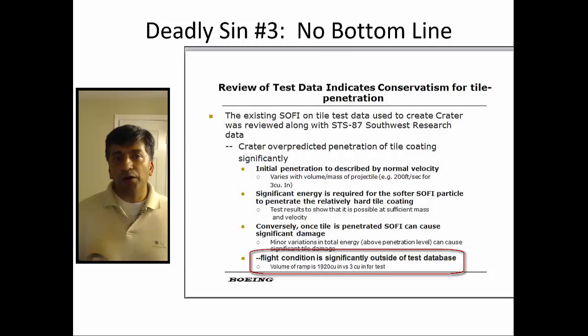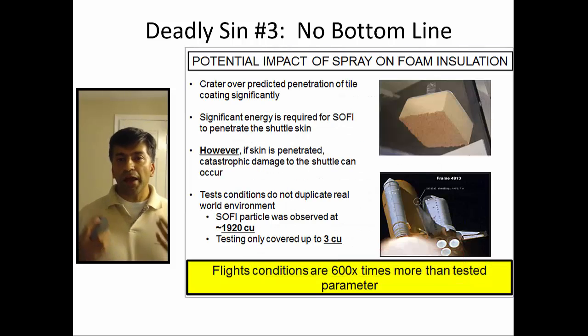Now, I'm not saying that was the cause of the Columbia disaster. There are other reasons too, but this is a prime example of PowerPoint being used as a poor information tool, where the bottom line was not captured by the audience, or not captured by whoever was putting this paper together. This would have been a much better way to display the information.